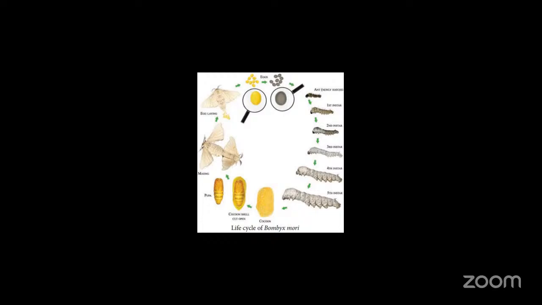After taking the pupae out of the cocoon, they use the silk thread for different purposes as a byproduct.